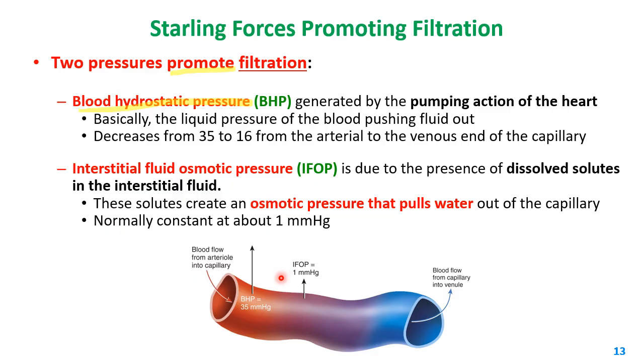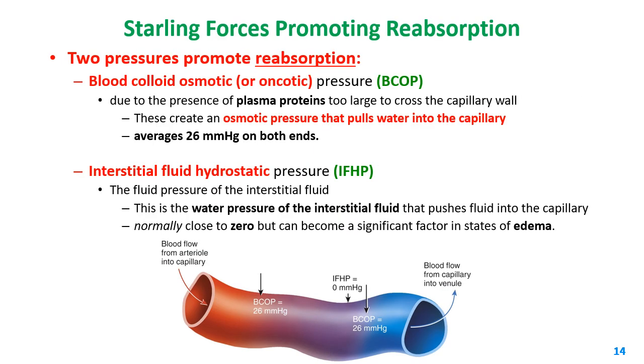The amount of solutes here that can pull water out of the blood amounts to a little bit of pressure, like 1 millimeter of mercury. So that's going to help to pull water out. And then this pressure here, which is about 35 millimeters of mercury, is also going to help to push stuff out. All right. Now we're going to see stuff that promotes reabsorption.